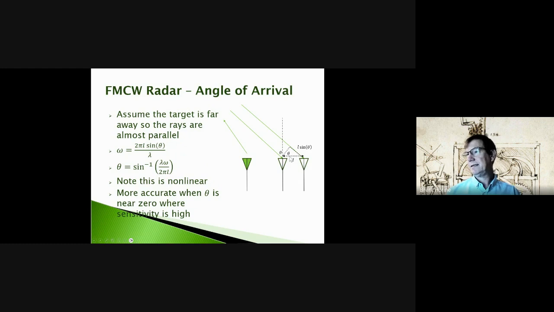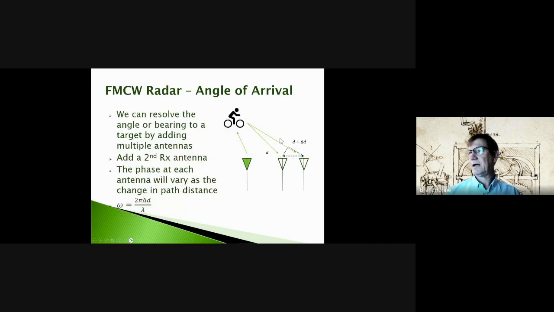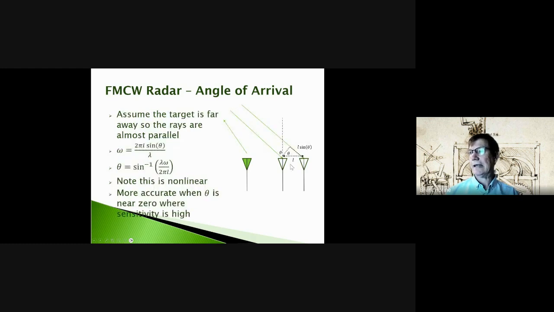The guy that did the videos uses D here also to represent this spacing. But I find that confusing because we've already used D as this distance out to the target or object. So I'm using L, which is another nomenclature that's somewhat common in array systems.